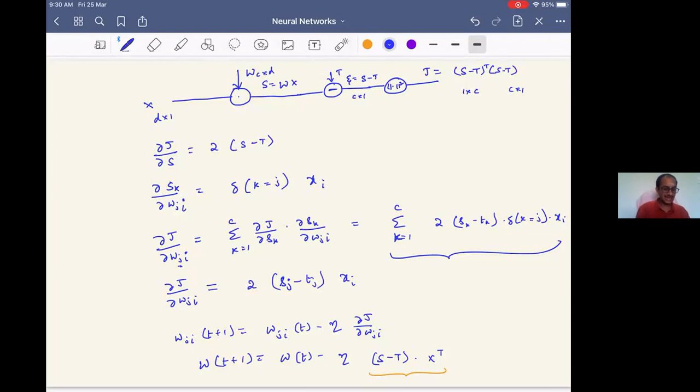But this is essentially learning a matrix W, such that X belonging to class omega C has a high score for the C-th row of W. Okay, it's learning W in this way.